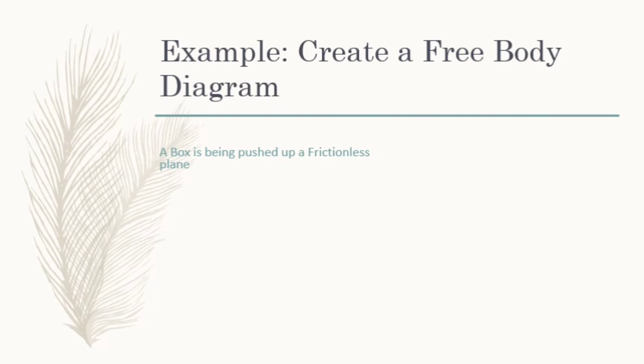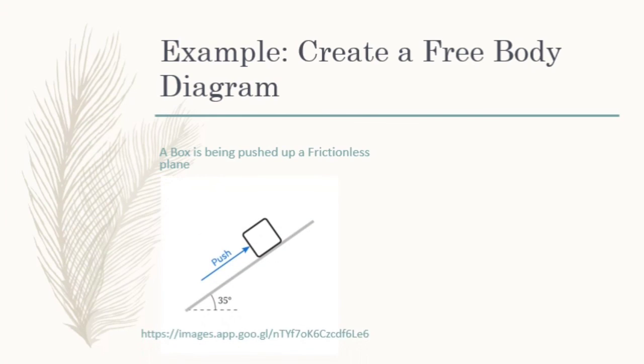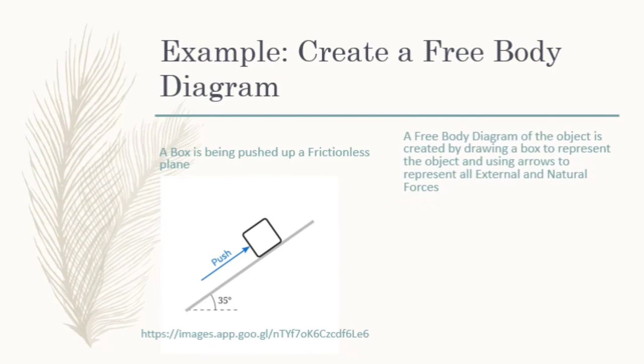So here's an example. Create a free body diagram. A box is being pushed up a frictionless plane. Now this is what it might look like in real life. There's a box, it's being pushed. But if I'm doing a free body diagram, I'm going to isolate that box and I'm going to use arrows to represent all the applied forces, all the natural forces.